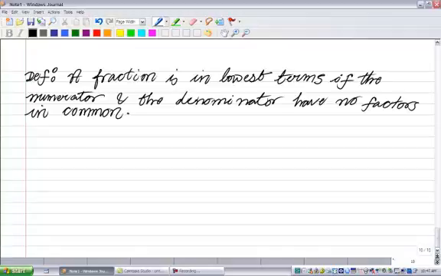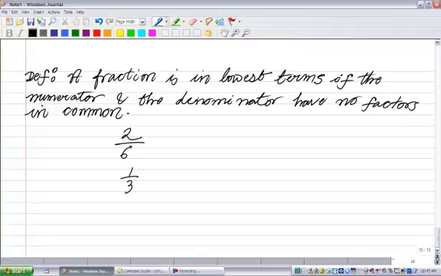any common factors, okay? So for example, if I look at the number 2 over 6, this is not in lowest terms because the numerator and the denominator are both divisible by 2. So they have a common factor of 2. Okay? So this is not in lowest terms. How about the number 1/3? Is that in lowest terms? It is in lowest terms because the numerator and the denominator are not divisible by the same number.